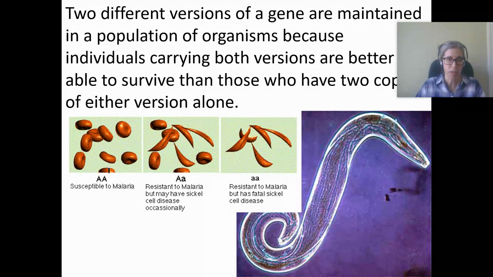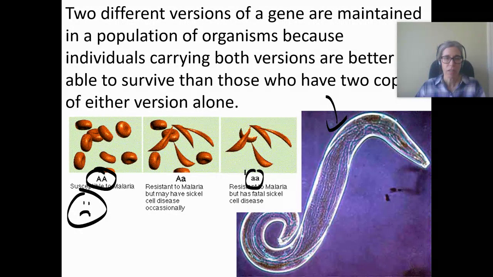And so in this case, if you have two alleles for the normal hemoglobin, you do great unless the malaria parasite gets into you and gets into your red blood cells and then kills you. Malaria is a pretty horrible disease with a pretty high mortality rate. If you have sickle cell anemia, you have two alleles for the sickle cell trait.